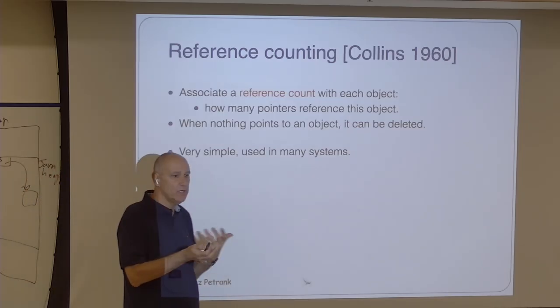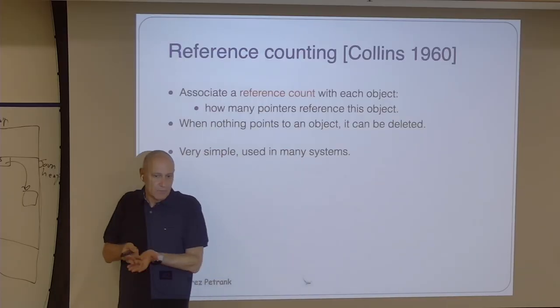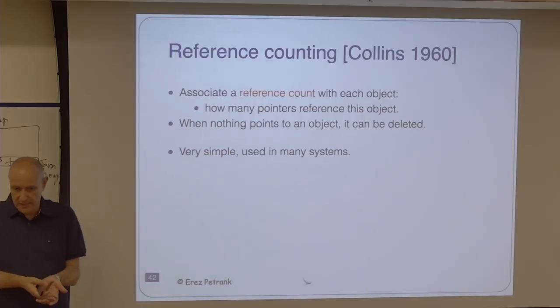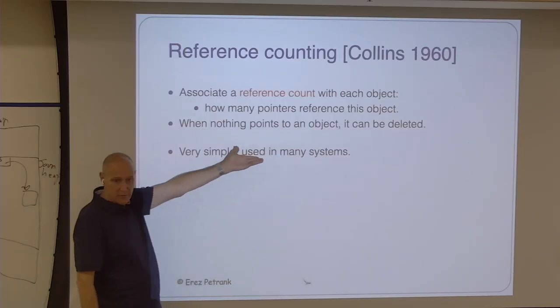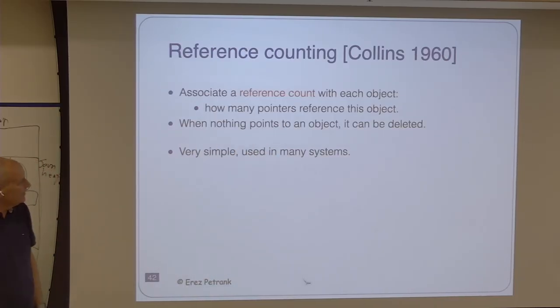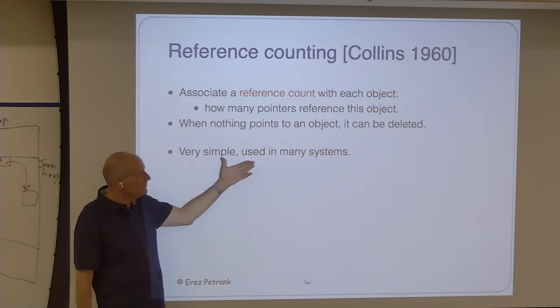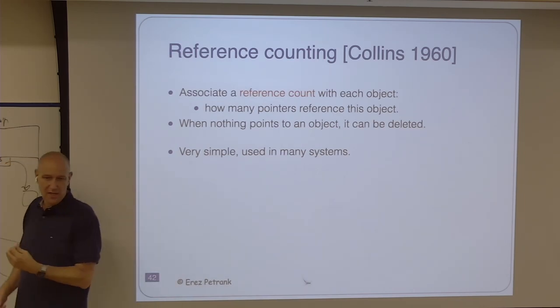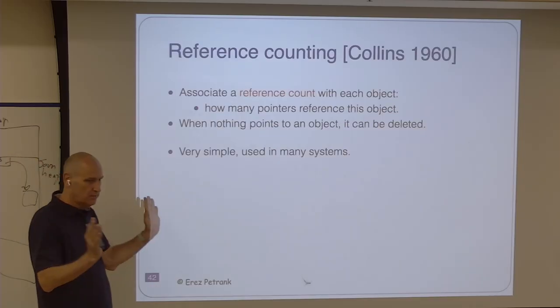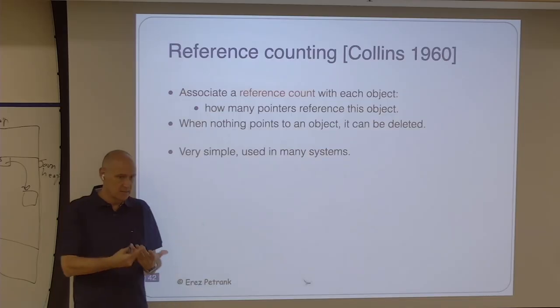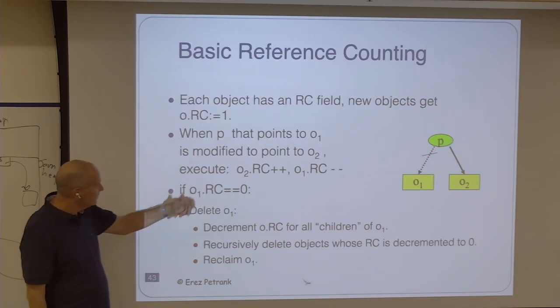There's no way the program can get to it because nothing is referencing it right now. So it's unreachable and I can reclaim it. This is very simple and used in very simple systems. We'll have a full lecture about it, but let's talk a bit about how it looks.